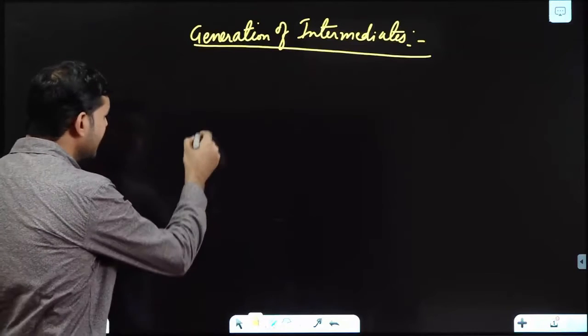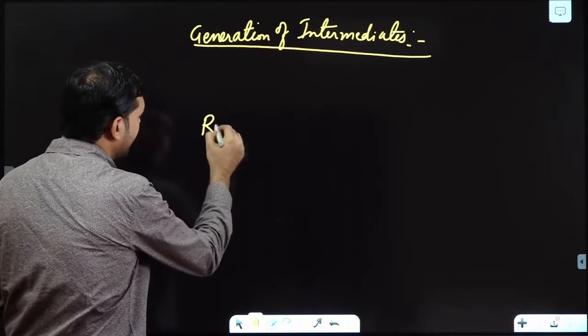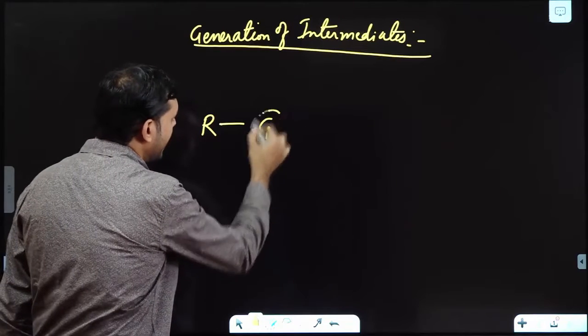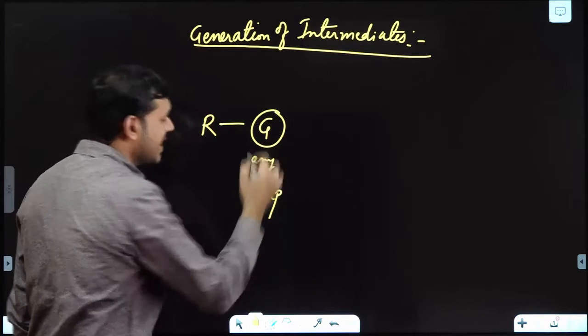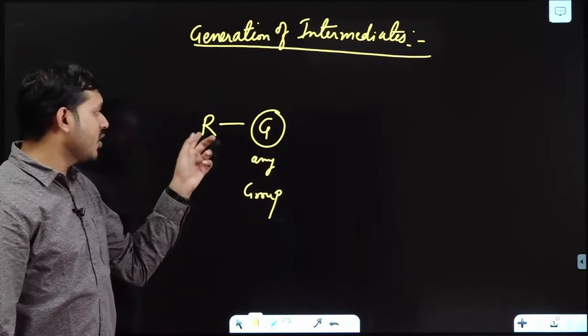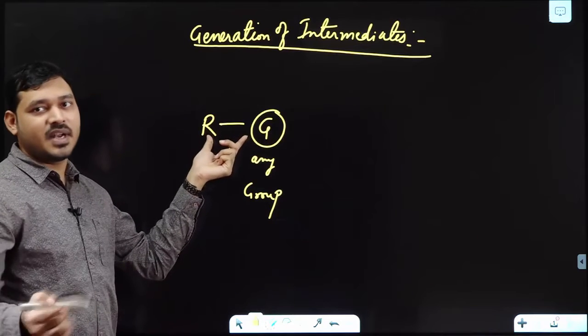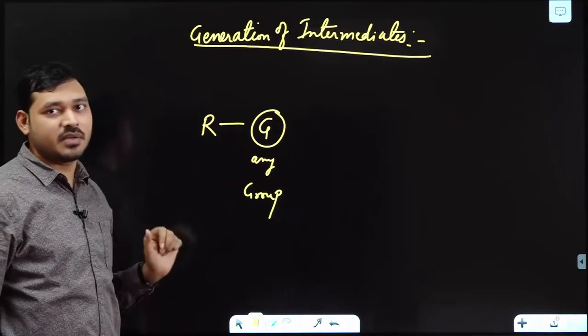See, first of all, let me tell you what the intermediates are. Suppose this is an alkyl group R which is connected to any group. As I already told you, this alkyl group having a carbon with this group bond definitely has polarity due to the electronegativity difference between these two atoms.